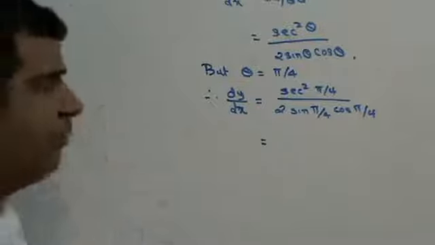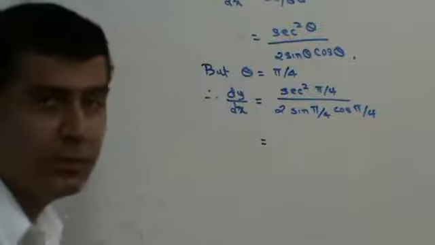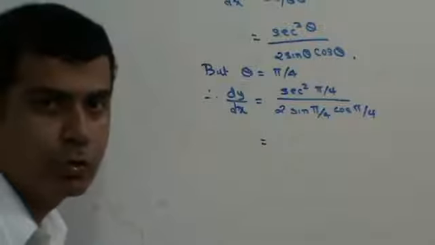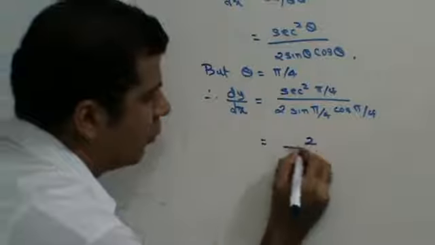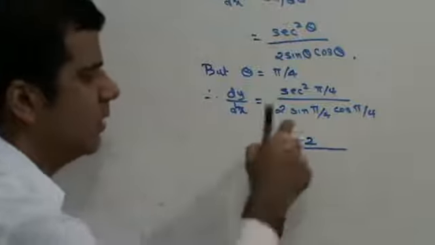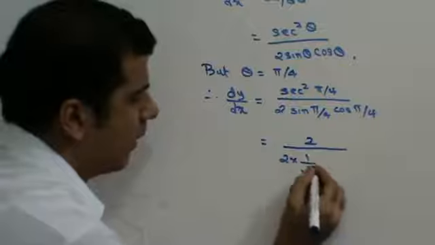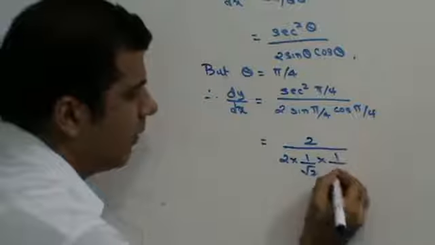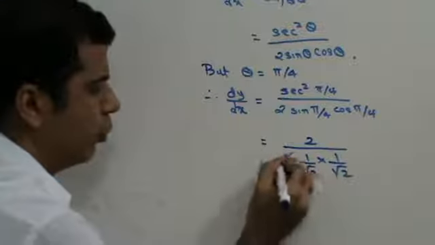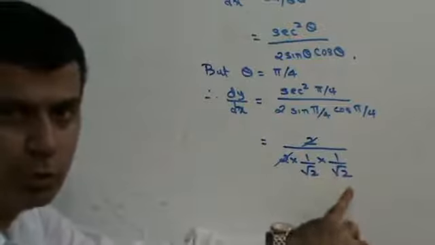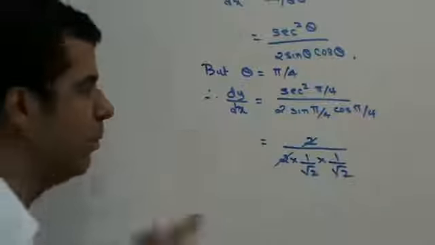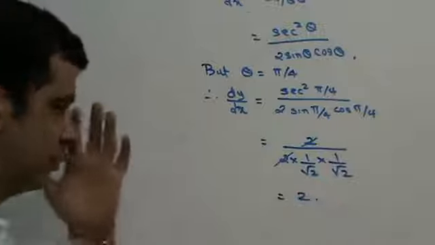Now, pi by 4 is 45, cos 45 is 1 by root 2, so sec 45 will be root 2, sec square 45 will be 2. Sin 45 is 1 by root 2, cos 45 is 1 by root 2, 2 and 2 get cancelled. Root 2 into root 2 is 2. Denominator of denominator becomes numerator, so the answer is 2.